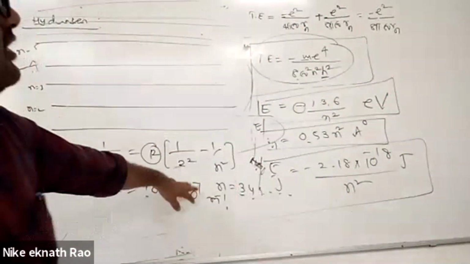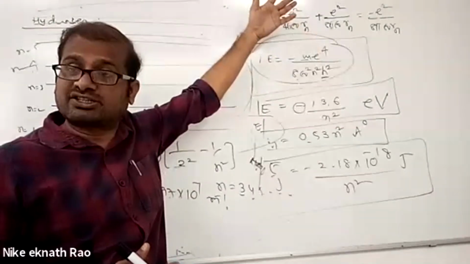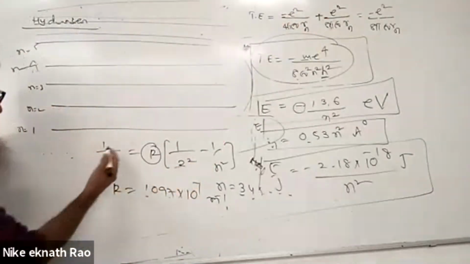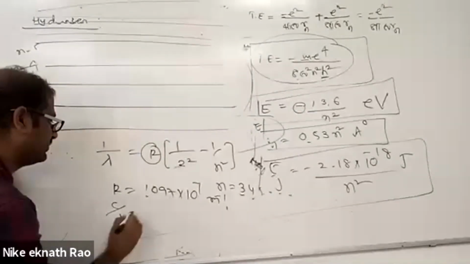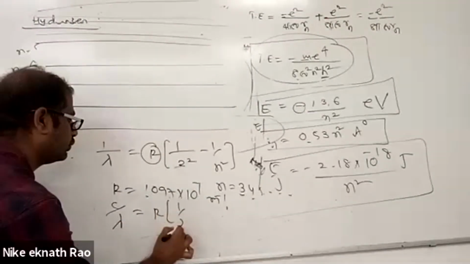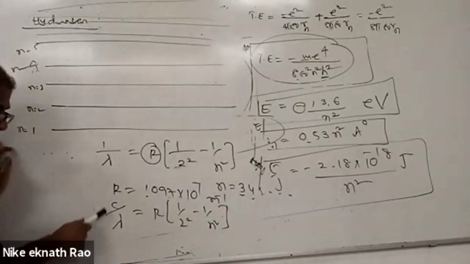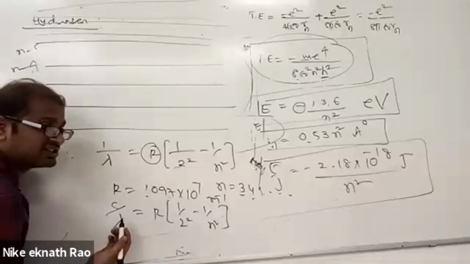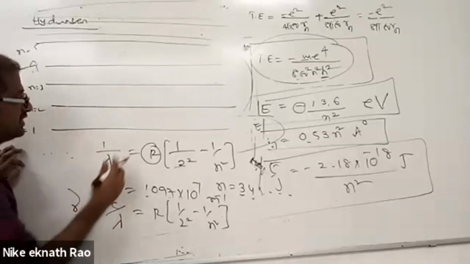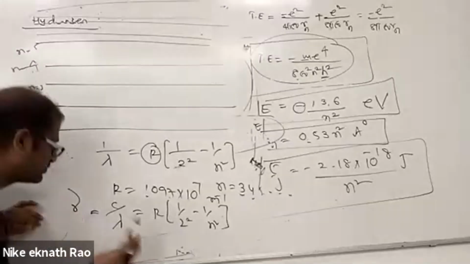When you calculate the energy expression, E2 minus E1 is equal to h mu. If you consider the wavelength and frequency, mu is equal to C by lambda, so multiplying with C, C by lambda is equal to R into 1 by 2 square minus 1 by n square. What is the energy of the emitted photon when the transition happens?